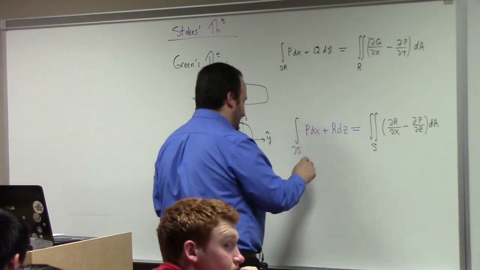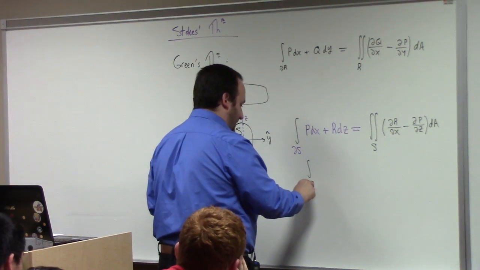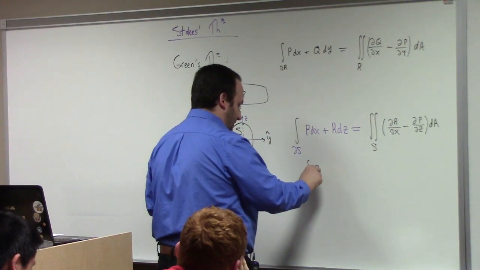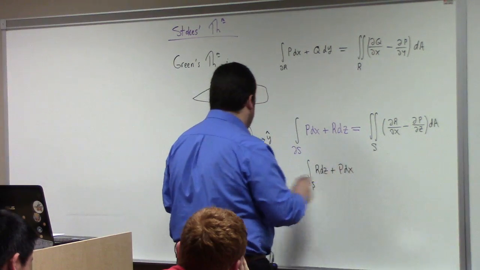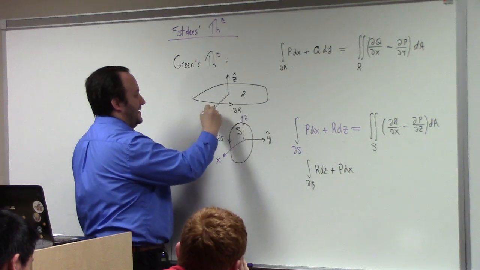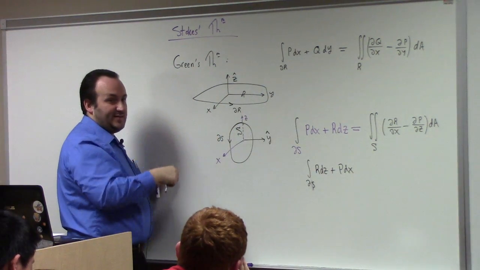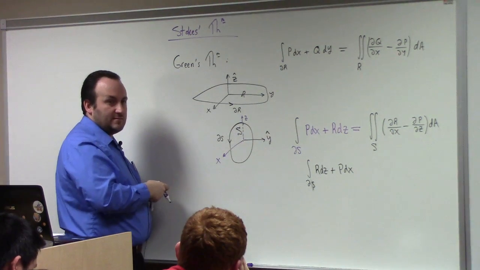Here's the way I should really set it up. I should really say the integral over the boundary of S of R dz plus P dx, to be fair, because you see up here we have x and we have y, right? And x hat cross y hat is z hat, right? How do I get y hat from x hat and z hat? z cross x.